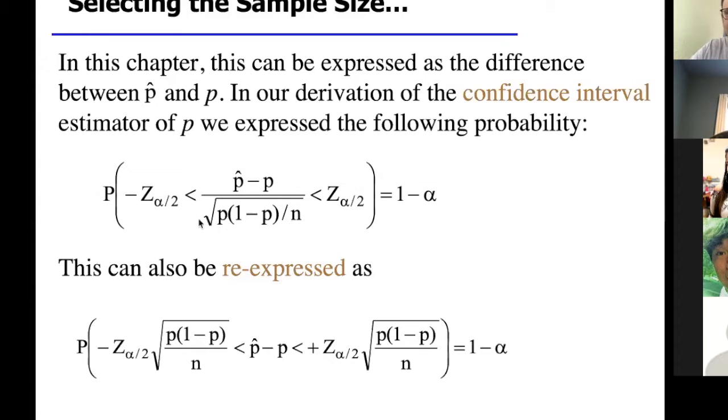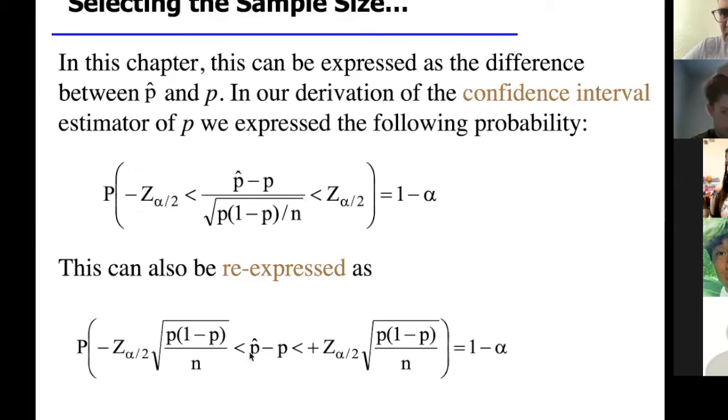Now, all we need to do is multiply both sides with what is in the denominator, which is the square root of p times 1 minus p divided by n. So if we multiply all three parts of this equation with what is in the denominator, what you have here is this expression smaller than this expression, smaller than that expression. Now let's focus on the expression in the middle.